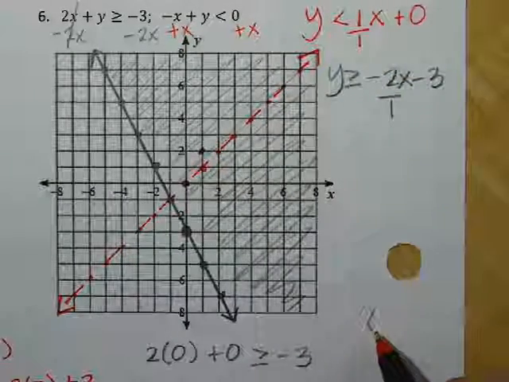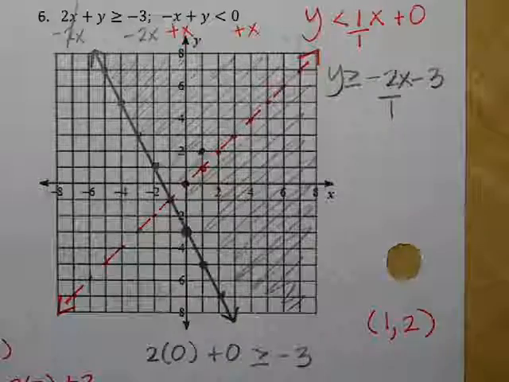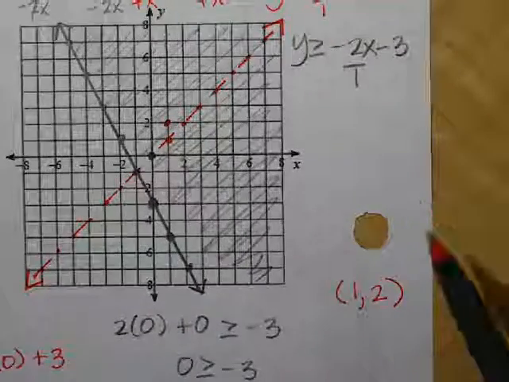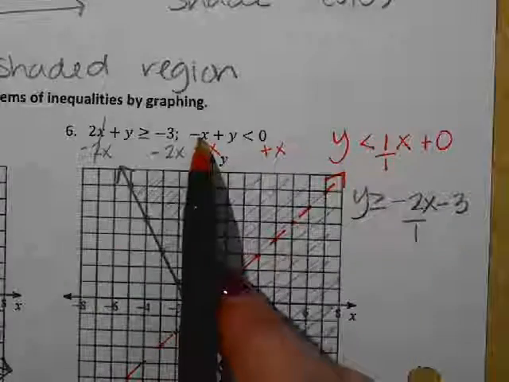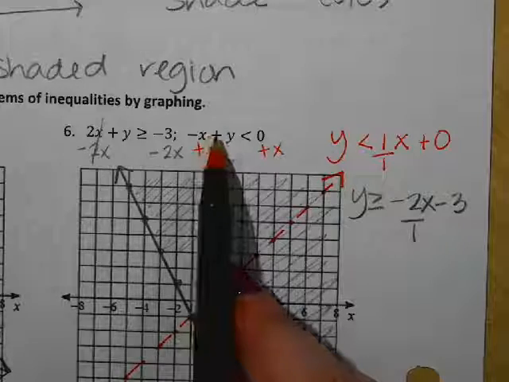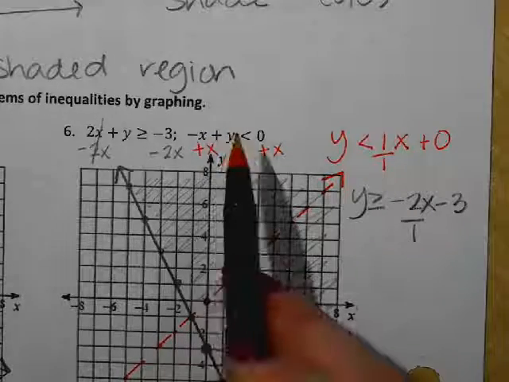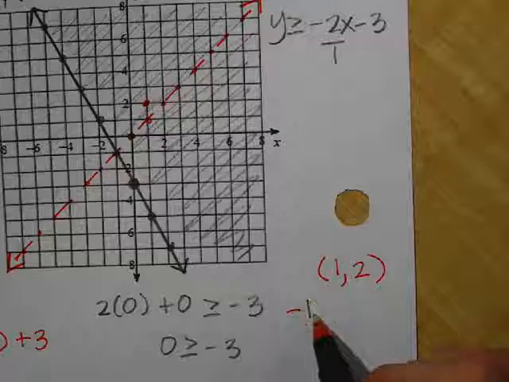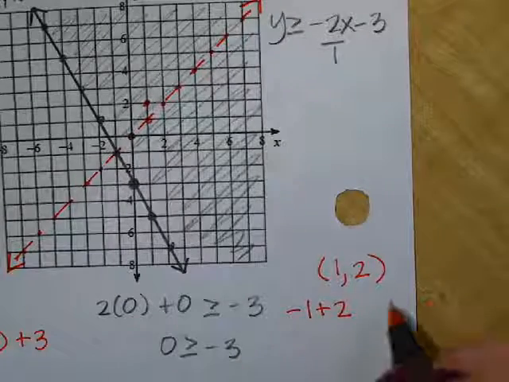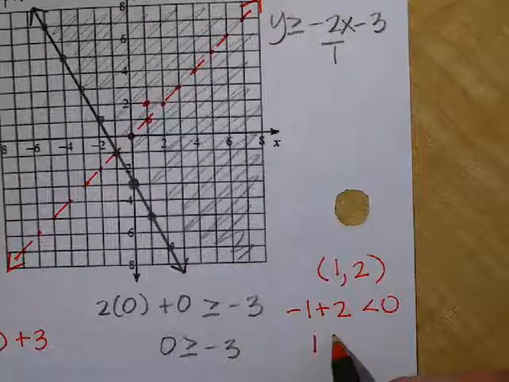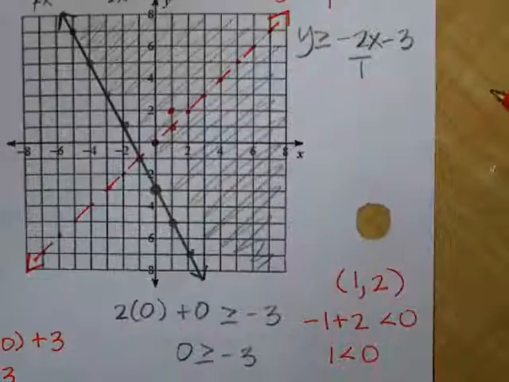So if I use the point 1, 2, then I can plug 1 in for x. So I'm going to have negative 1 plus 2 for y. So I've got -1 plus 2 is less than 0. 1 is less than 0, and that is false.